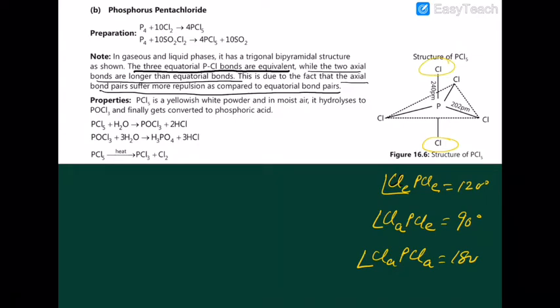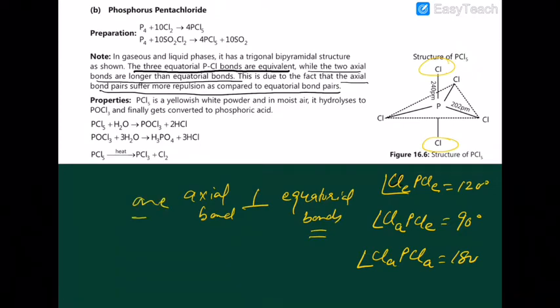The axial bond is perpendicular to the equatorial bonds. One axial bond is perpendicular to the three equatorial bonds. So you can say that three 120 degree angles, six 90 degree angles, and one 180 degree angle exist in this geometry. Are you sure about that or not?